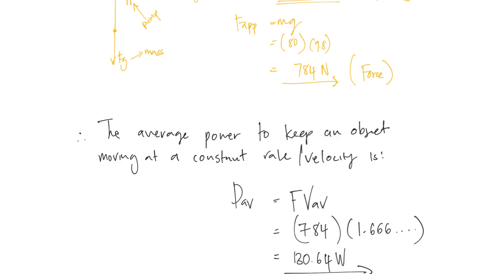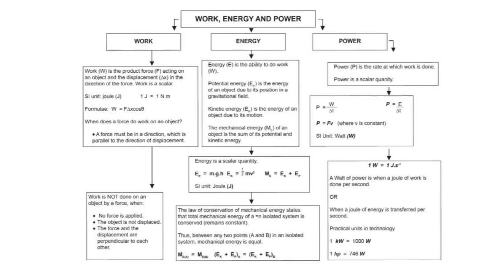And that's the end of work, energy, and power. There is a little bit of a summary here. The summary deals with work, energy, and power. It looks at work, formulas for work, what the definition is, and when work is not done. The next thing looks at energy: potential energy, kinetic energy, the two formulas for work, the work energy theorem, and how we look at mechanical energy in terms of conservation.